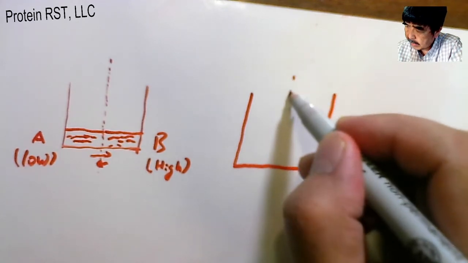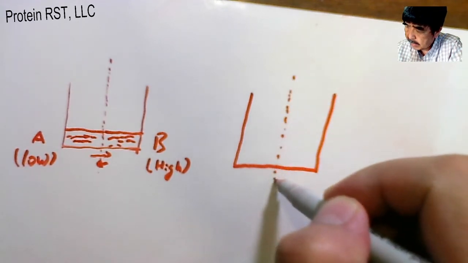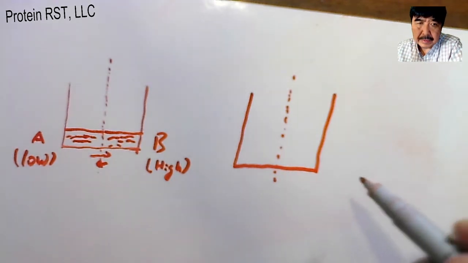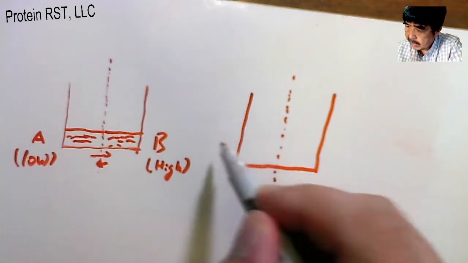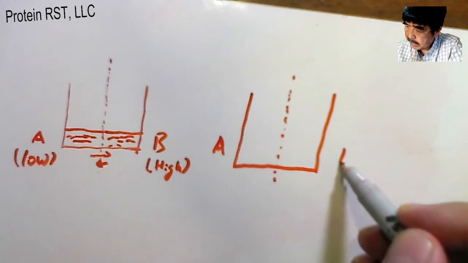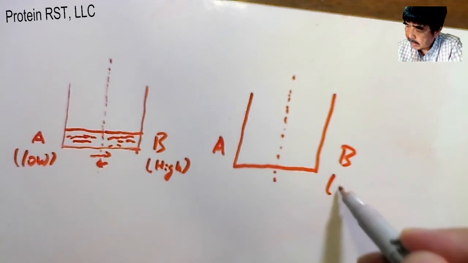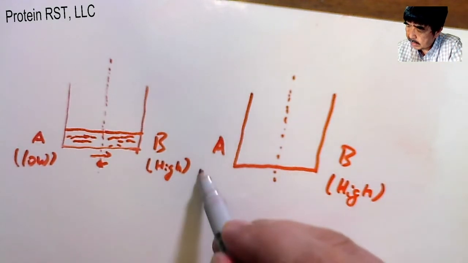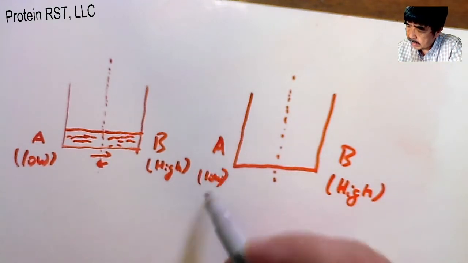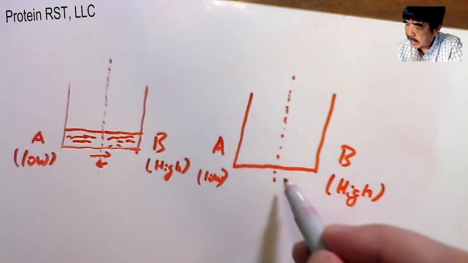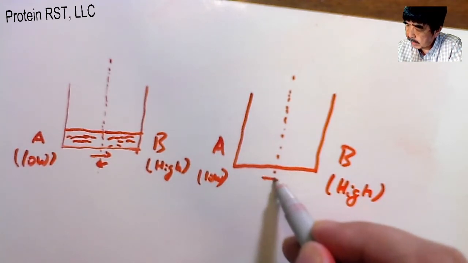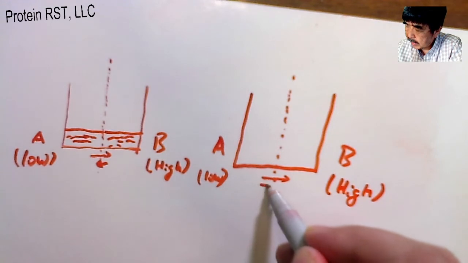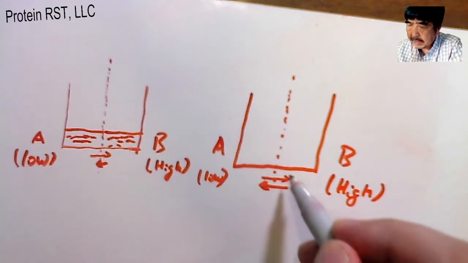We have the semi-permeable membrane, and we have A and B. This has a high concentration and this has a low concentration. Then the flow rate from A to B and from B to A becomes the same.